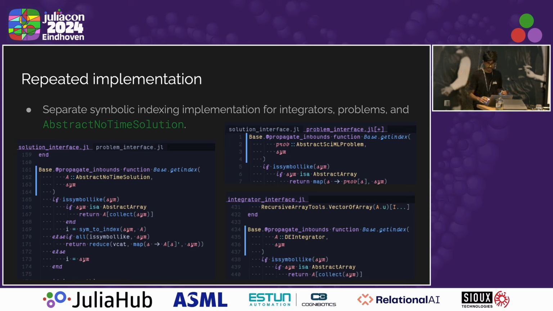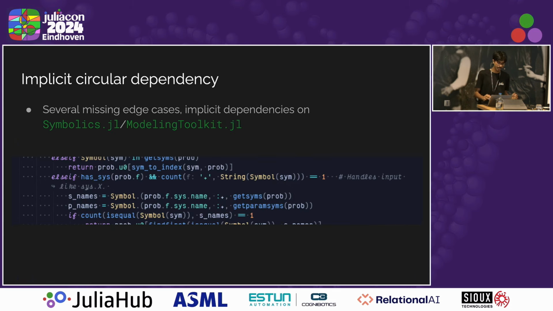And it led to a lot of bugs and a lot of issues in the SymL ecosystem where somebody was confused why they can access some variable here and they can't access another variable there. We also ended up with things like implicit circular dependencies.